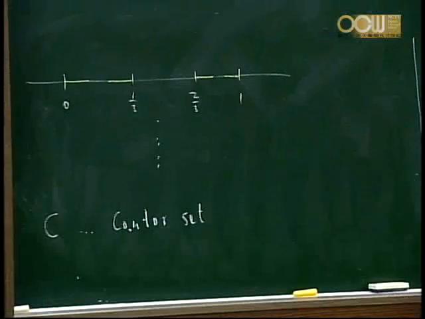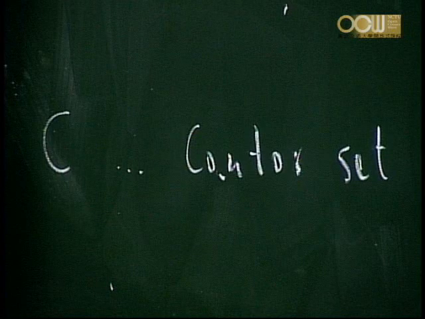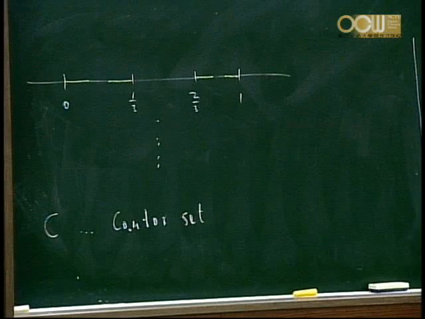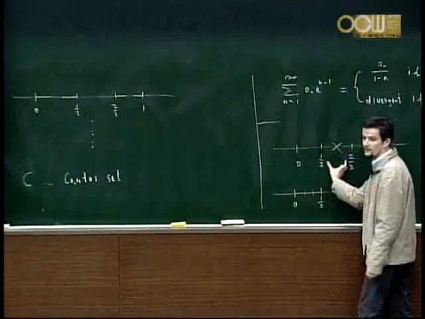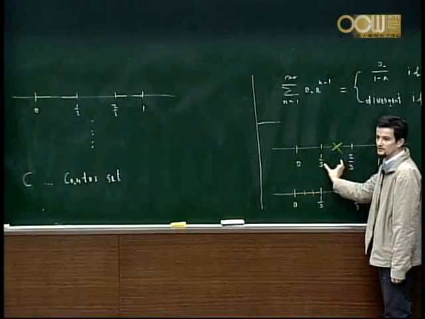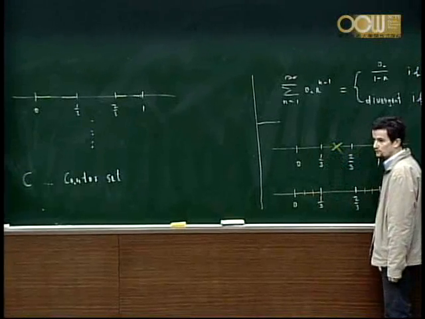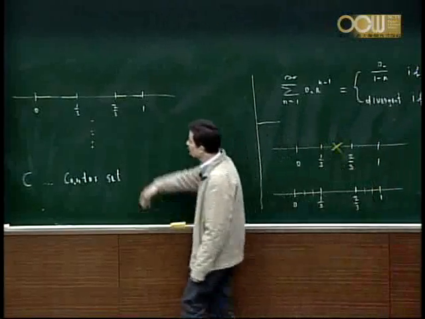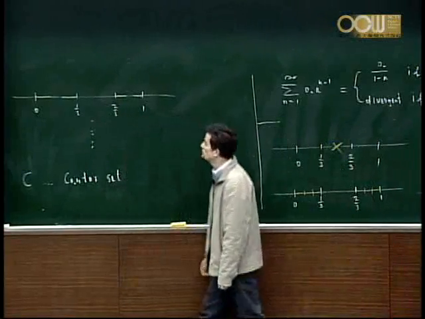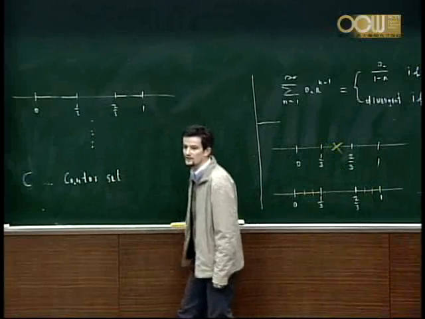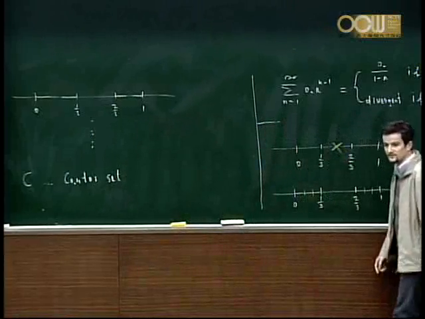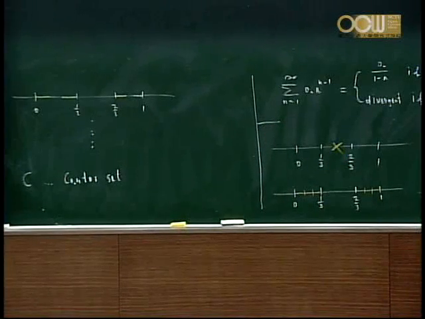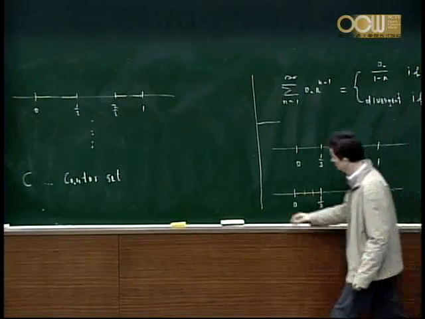So how is this related to this series here? What I want to compute is the length of all the intervals which I have removed. In the first step, I remove an interval of length 1 over 3. In the second step, I remove 2 intervals, both of length 1 over 9. In the third step, I will remove 4 intervals, all of length 1 over 27, and I will go on like this. This is essentially what I take out from this set.